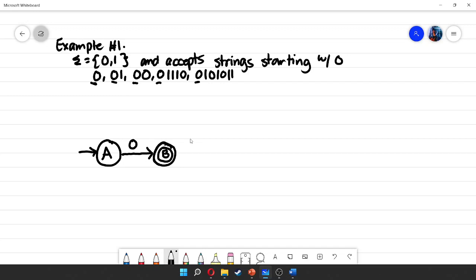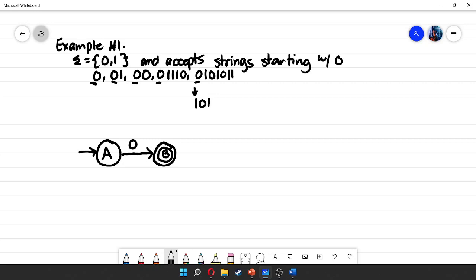What if we are in state A and we see an input of 1? What do we do? For example, the input string is 101. What if the first input is 1? Accept or reject?